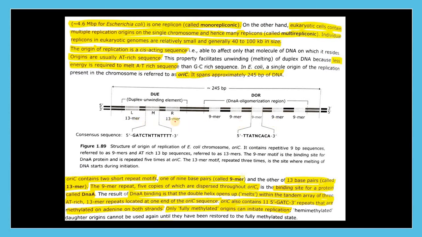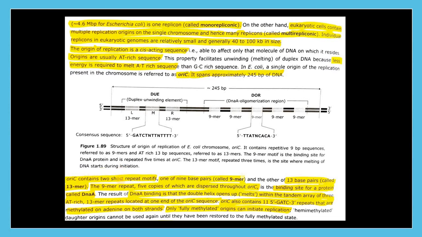That means there are 13 base pairs which are repeated 3 times, so there are 13-mers. The 9-mer motif is a binding site for the DnaA protein and is repeated 5 times at OriC. So this is the site where your DnaA protein will go and bind. It has its own function which we'll be looking at later. The 13-mer motif, repeated 3 times, is the site where the melting of the DNA occurs.